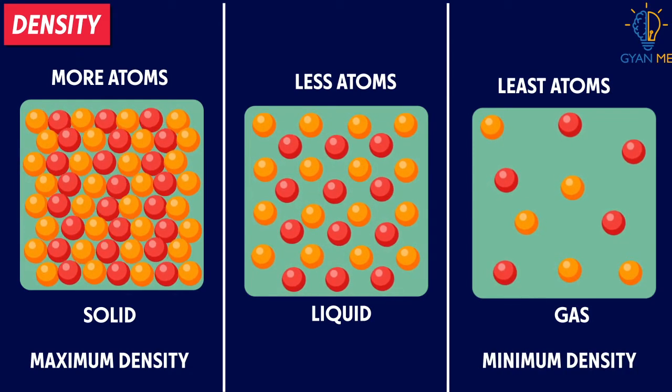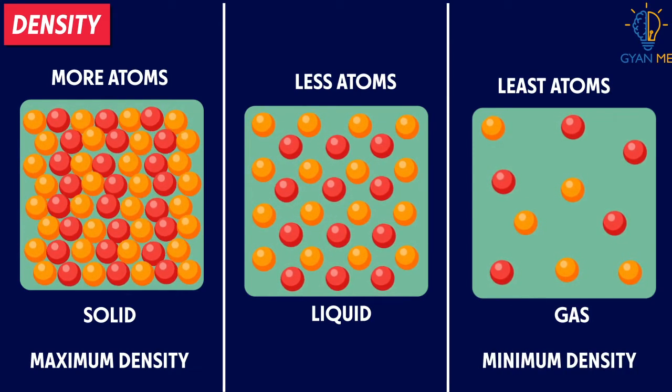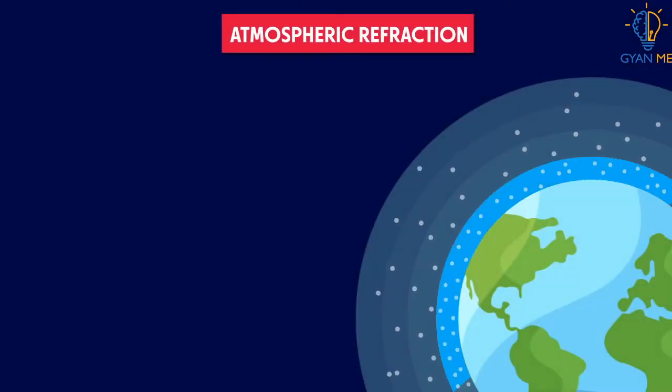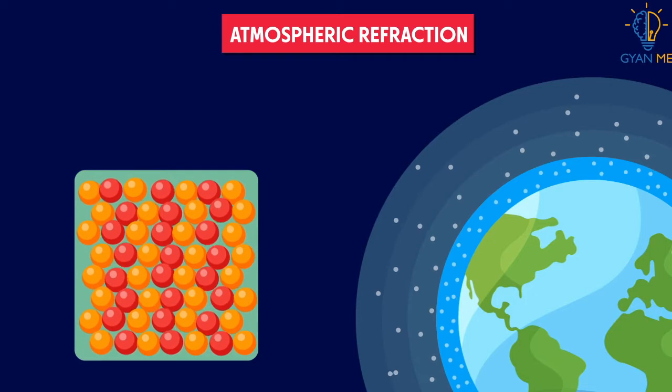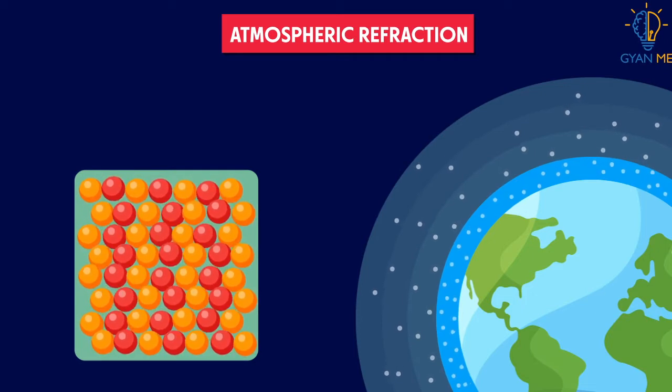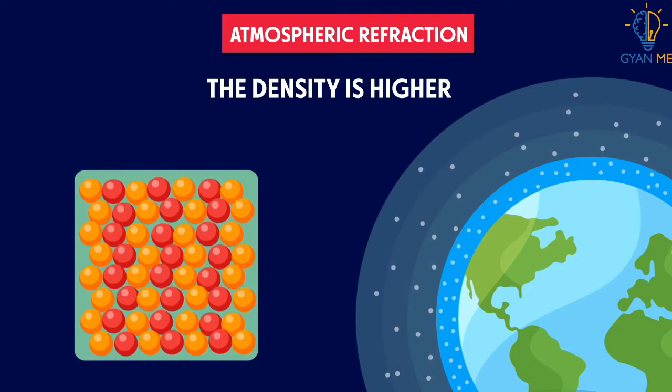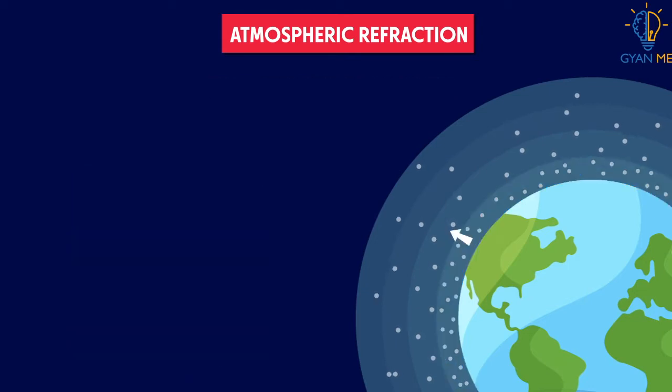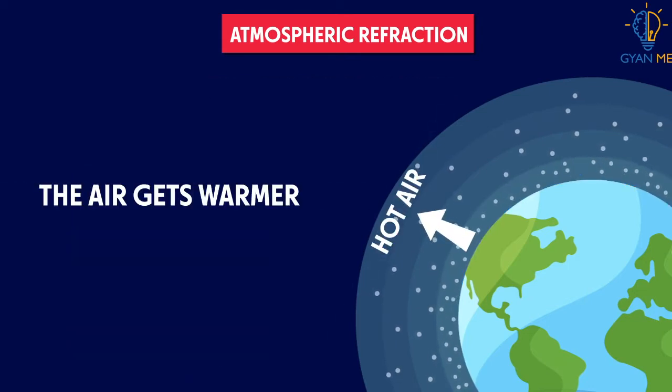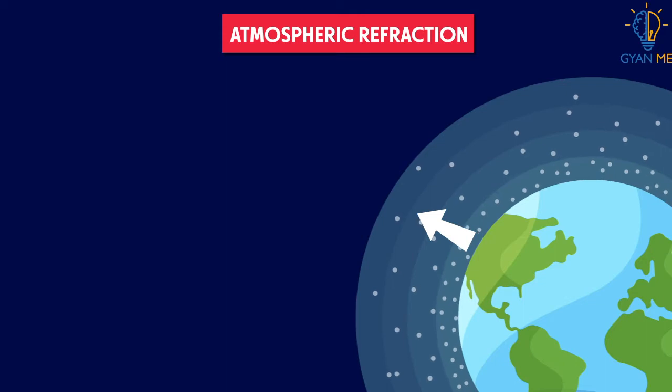Now something similar happens to the hot and cold air as well. So coming back to our discussion, cooler air near the surface has closely packed particles. So the density is higher. As we move upwards from the ground towards space, the air gets warmer due to the sun's radiation. And as we know, the lighter air rises up and the air molecules gradually move away from each other.